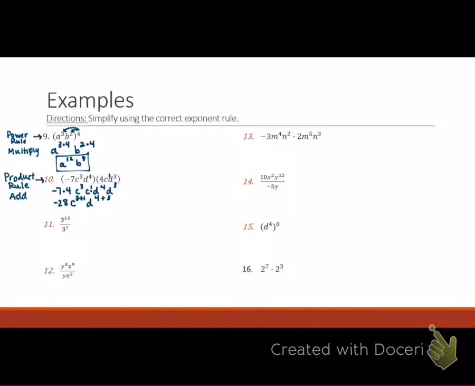Yeah, and so you're not really doing D to the 4th plus D to the 3rd. You're doing D to the 4th plus 3 and C to the 3rd plus 1. Does that make sense? Because that would be a completely different thing if you were adding them. I knew what you were saying, but just to give you that too. So that's C to the 4th and then D to the 7th. Good.